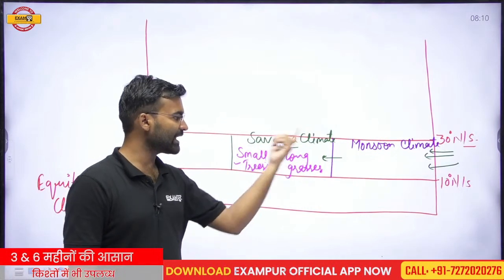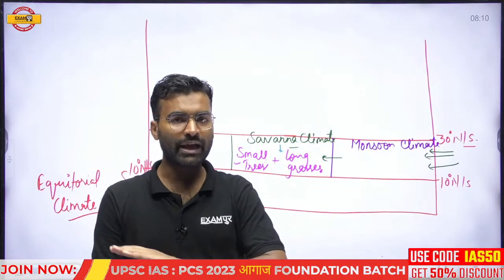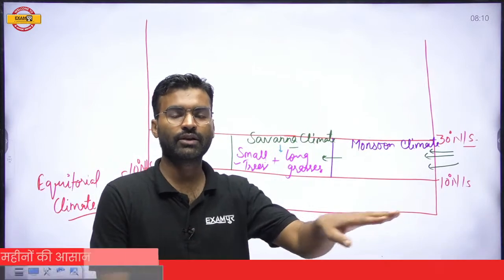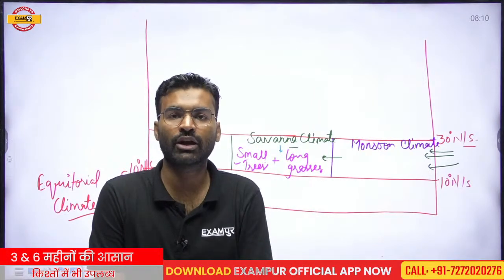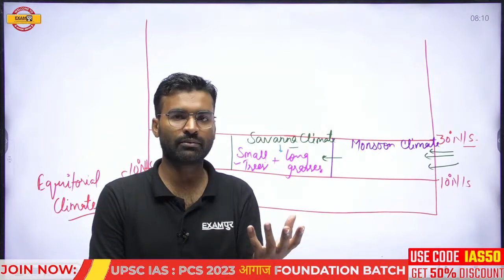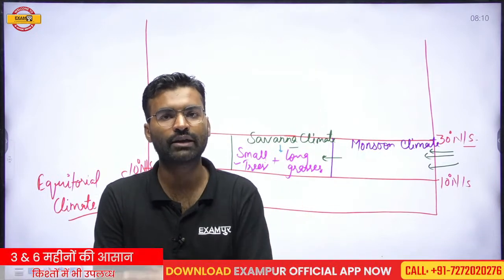So in the savanna climatic zone, during the dry season, the entire grassland turns yellowish, because dry grasses convert from green to yellow.